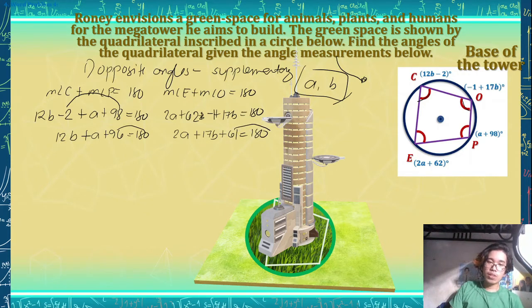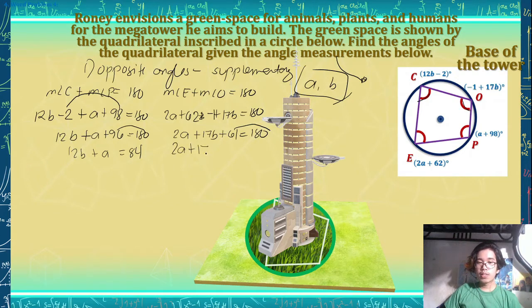So 180 minus 96 is equal to 84. So 12b plus A is equal to 84 degrees. And 180 minus 61 gives us 119. So 2A plus 17b is equal to 119 degrees.